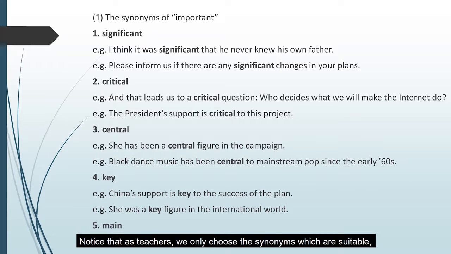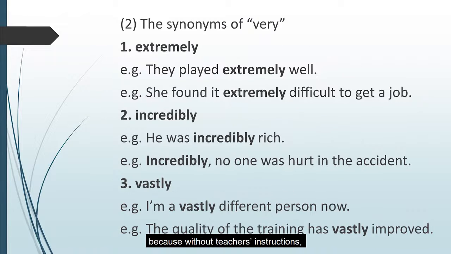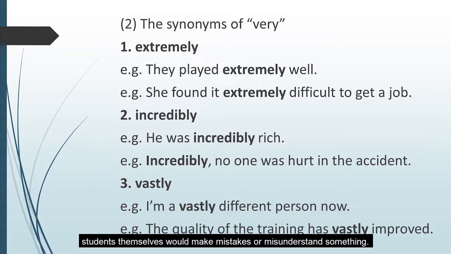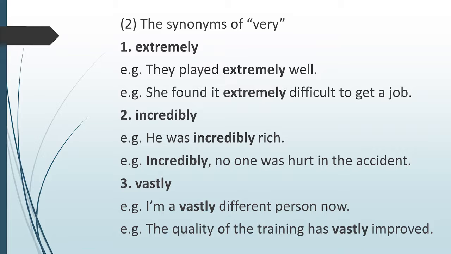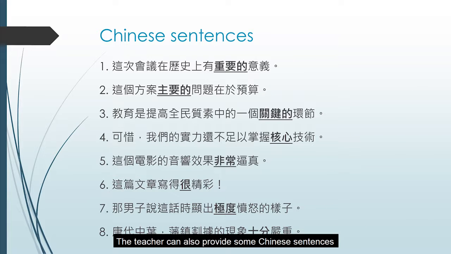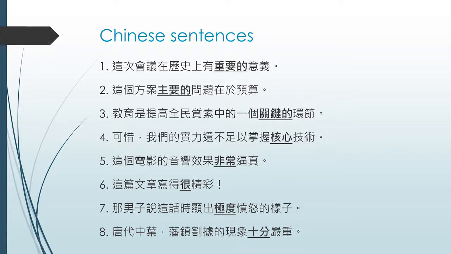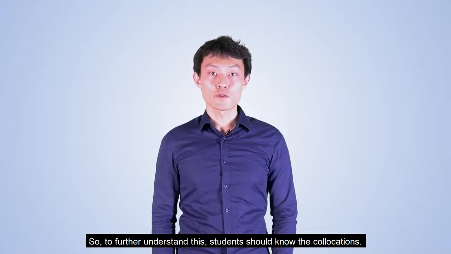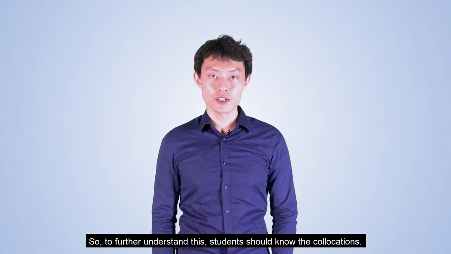Notice that as teachers, we only choose the synonyms which are suitable, because without teachers' instructions, students themselves would make mistakes or misunderstand something. The teacher can also provide some Chinese sentences with synonyms to illustrate that sometimes synonyms are used in different contexts. So, to further understand this, students should know the collocations.